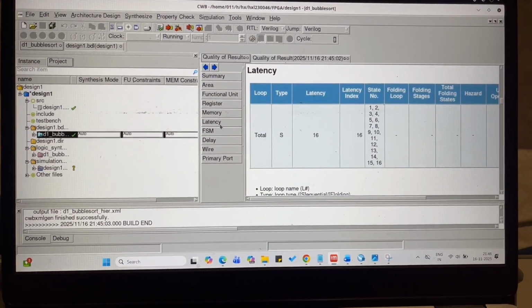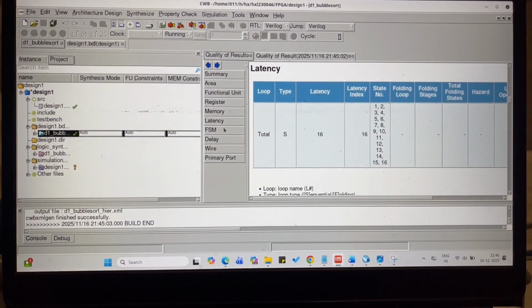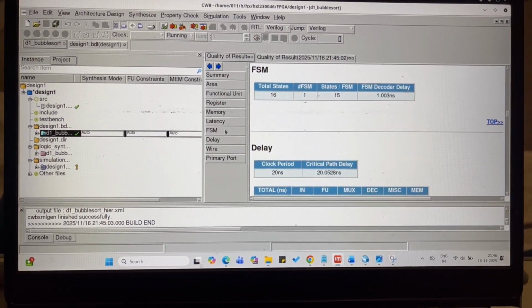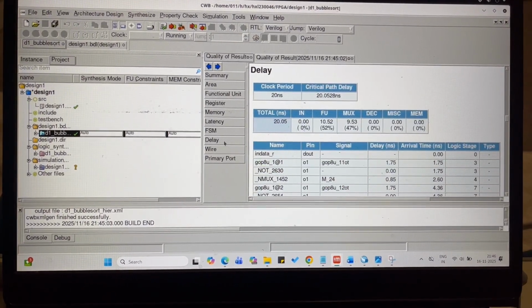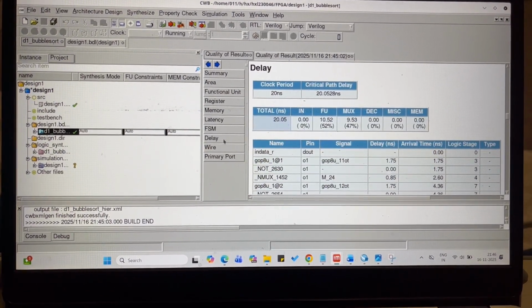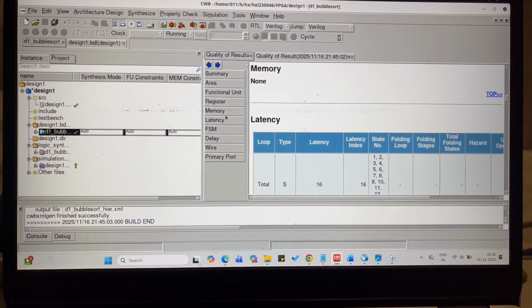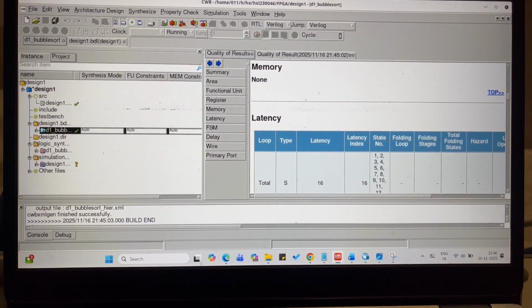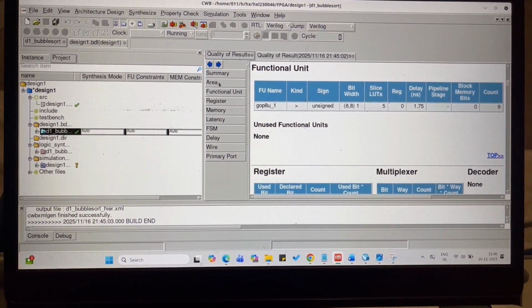but the latency and performance are very good, though it is occupying more area. It is using only 16 states, and it has a critical path delay of 20.058 nanoseconds, and it is using no memory and only one functional unit.